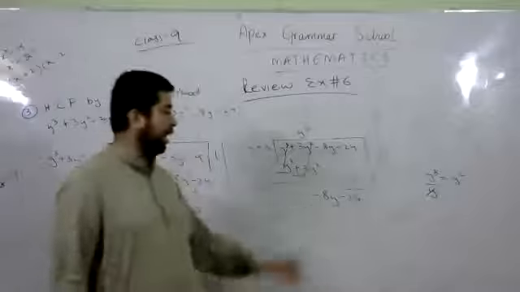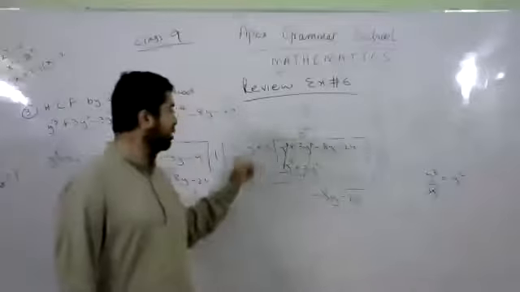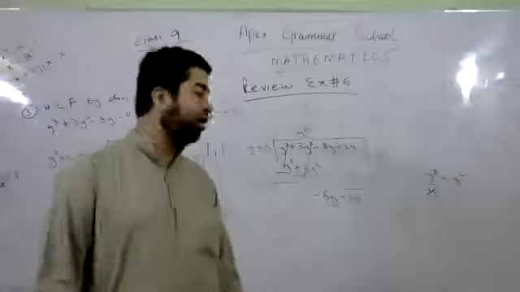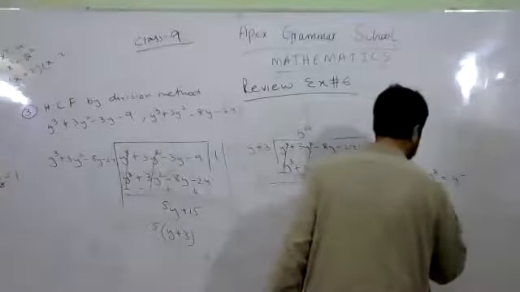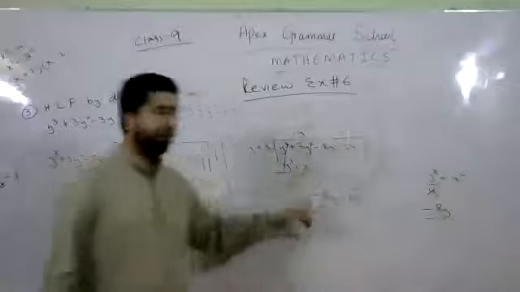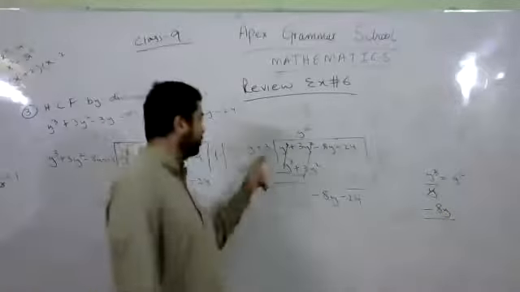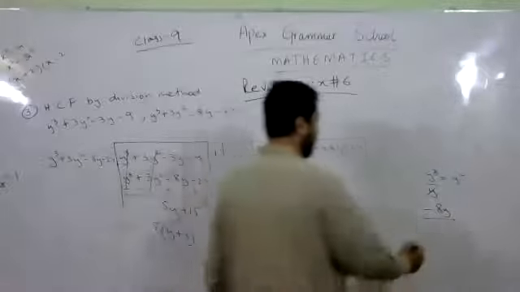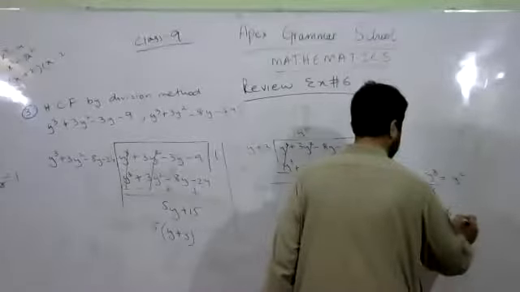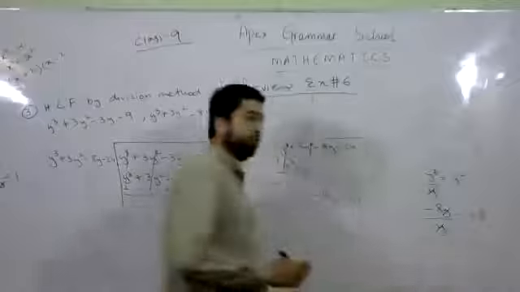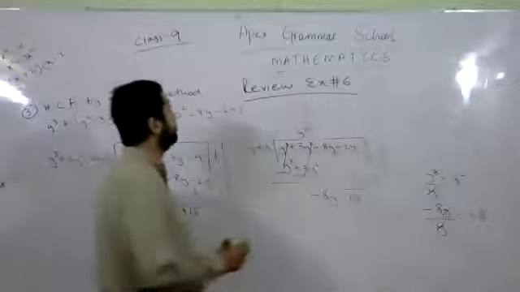Again, both powers are level. This is y raised to power 1 and this is also y raised to power 1. So, within rough side, we need to write minus 8y divided by y. Y is cancelled with this one, so we are left with only minus 8.